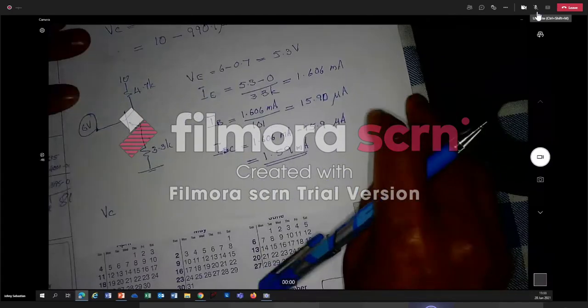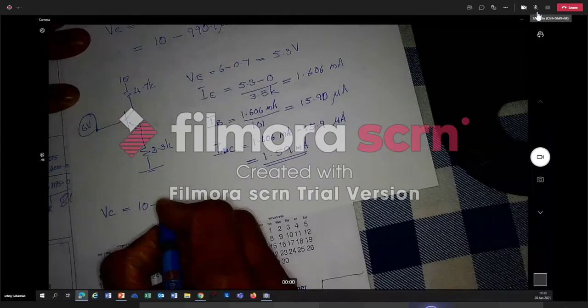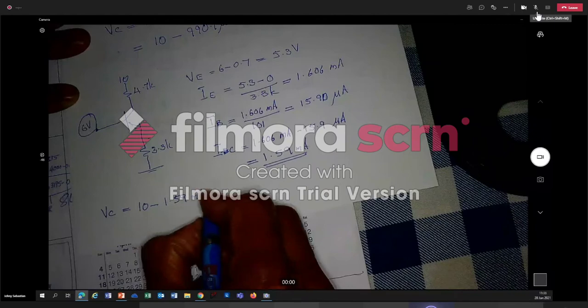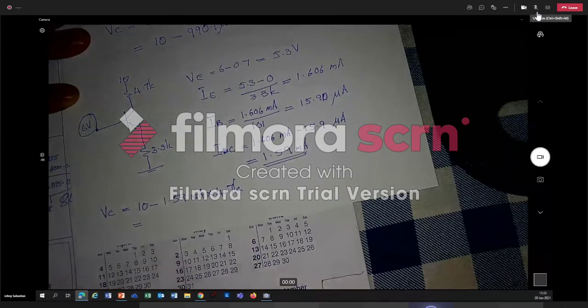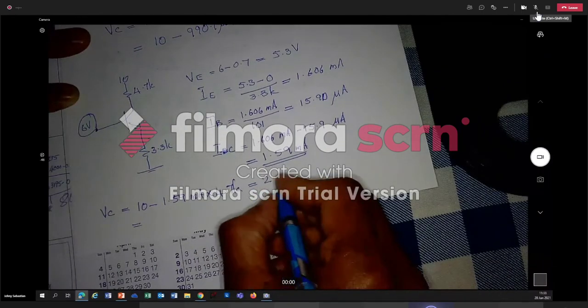Voltage at the collector is 10 minus collector current, 1.59 milliampere, times 4.7K. This is going to be 2.527.